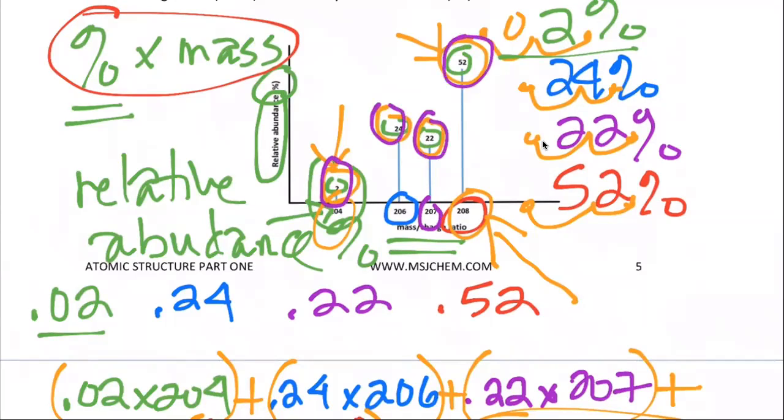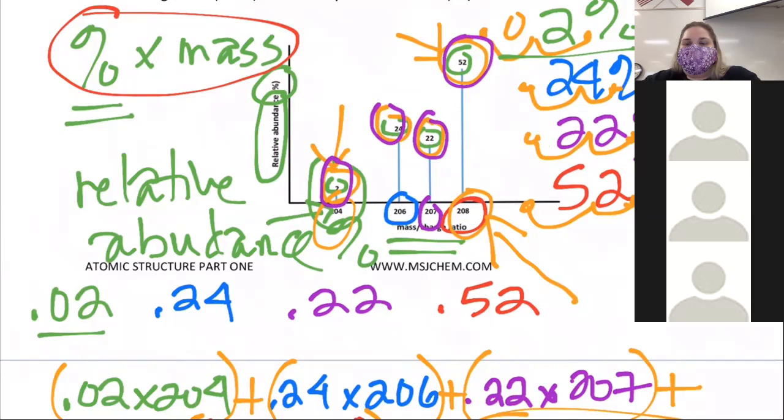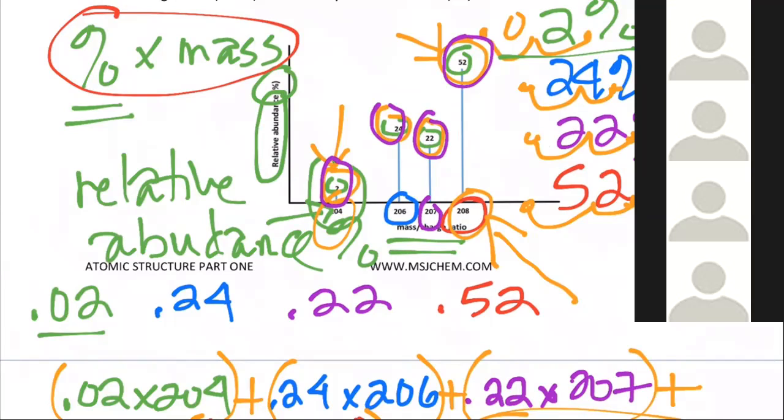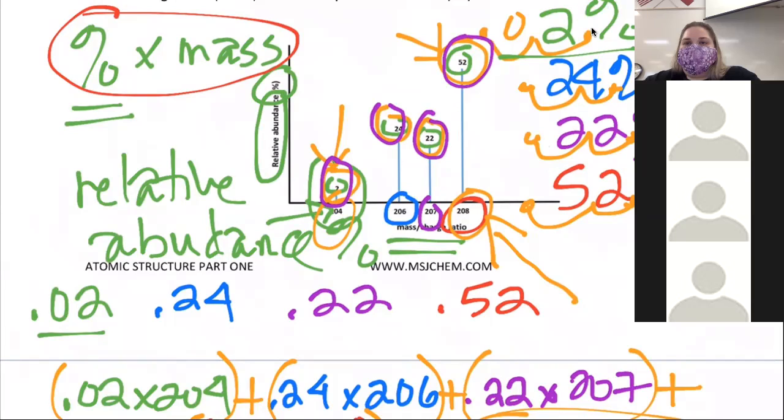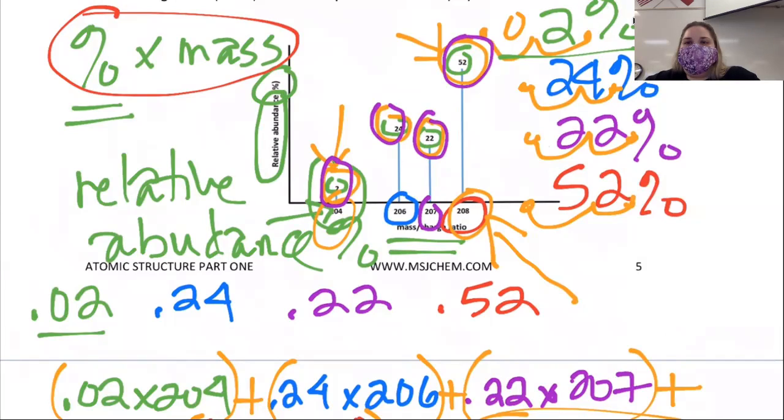Which one has the highest percentage? Which one has the highest peak on that graph? 52. Yeah, so 52 is the highest peak.